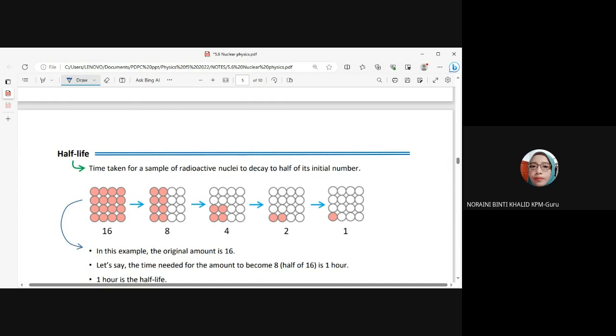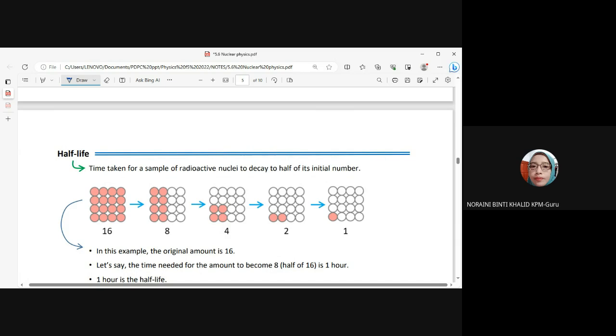Why we need to study about half-life ni? Apa importance yang you tahu tentang half-life? Kalau the use of radioactive substance dalam medical, it's very important for you to know whether the radioactive substance can stay longer in your body or not, because it cannot stay longer.